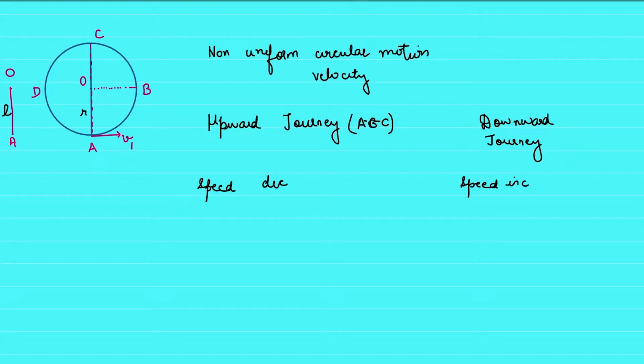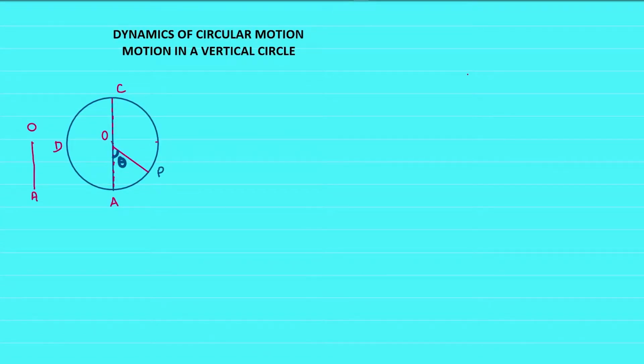Now to understand the basic characteristics of this motion, we'll find the velocity and tension at various positions during its motion. For this, let us consider that at any instant t, the particle is at point P where the string makes an angle theta with the vertical line OA. Now, at this particular position, the forces which are acting on this particle are number 1, tension T which is acting along PO and the weight mg.